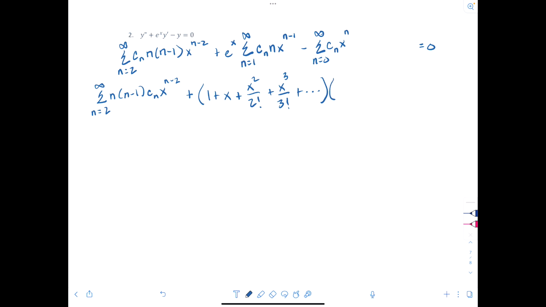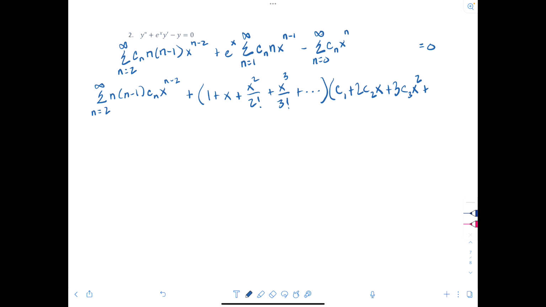So we'll have 1c1 times x to the 0 just gives us c1. When n is 2, we'll have plus 2c2 x to the 1. And then when n is 3, we will have 3c3 x squared, and then I'll go to the same power of x.